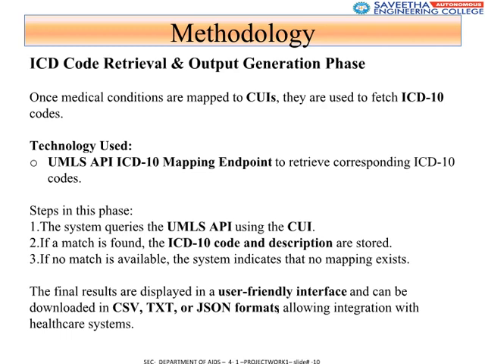If a match is found, the ICD-10 code and description are stored. If no match is available, the system indicates that no mapping exists. The final results are displayed in a user-friendly interface and can be downloaded in CSV, TXT, or JSON formats, allowing integration with healthcare systems.